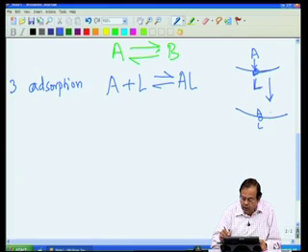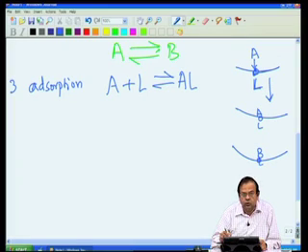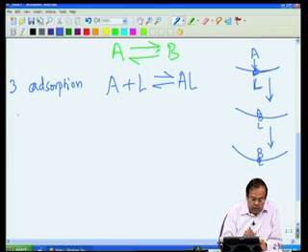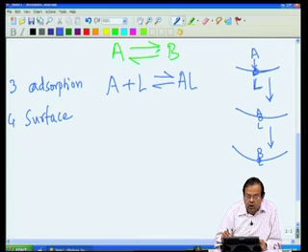So, from here it becomes my product B, but still attached to this active site. So, let me write my surface reaction, so called because it is occurring on the surface of the catalyst. So, AL becomes BL.